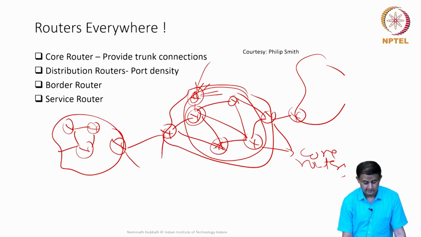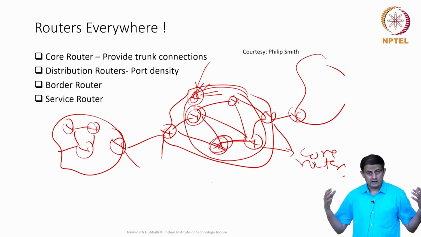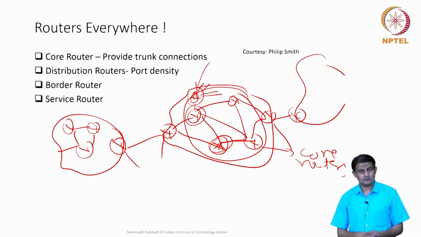So if a packet comes here, I don't do much of an operation here, just find out quickly what the next hop is where I need to send this packet and just send it. Because these routers need to handle a large quantum of traffic.